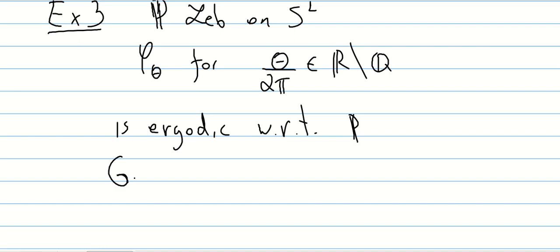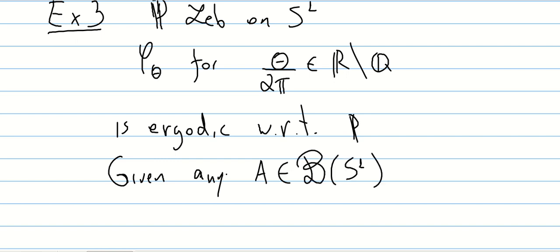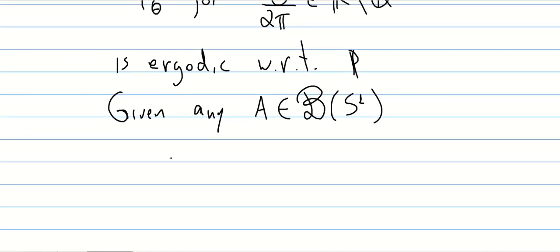So given any A that's a Borel set of S1, we're going to write the indicator of A as a function, and what you're able to do is write this as a Fourier series. Why are we writing this as a Fourier series?